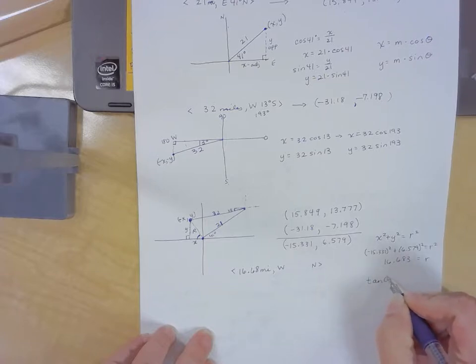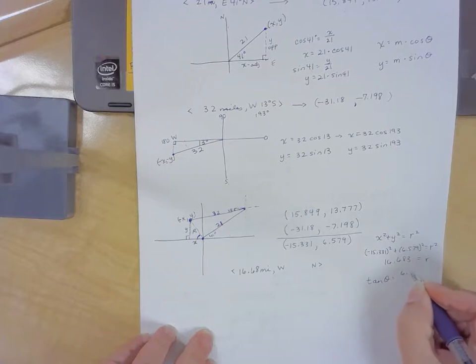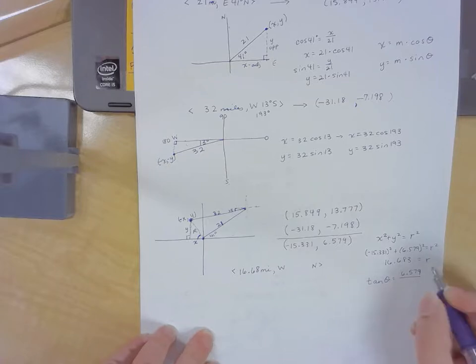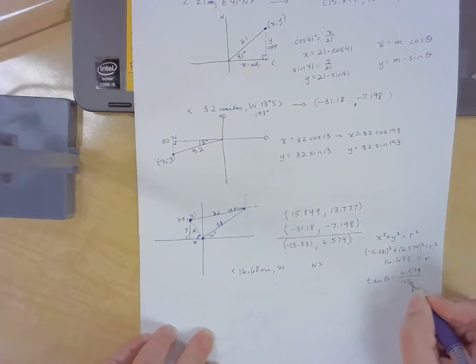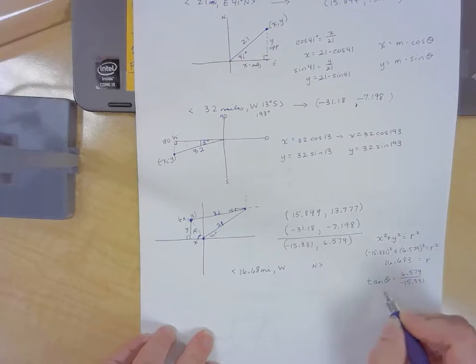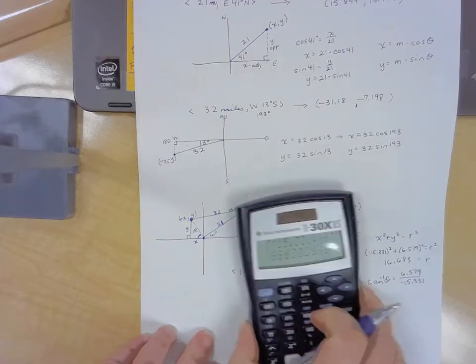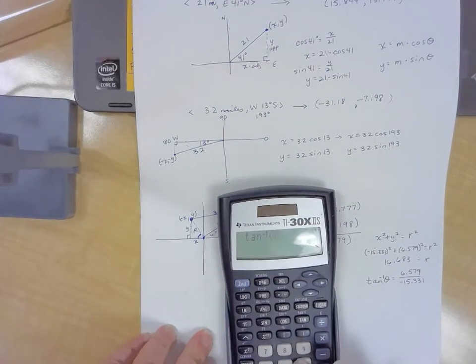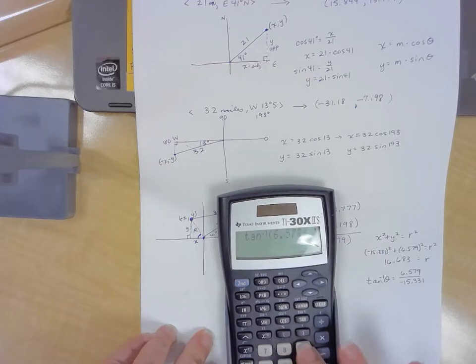of theta is equal to the y coordinate, 6.579, over the x coordinate, negative 15.331. I'm looking for an angle. It's really inverse tan. So I just type that in. Second tan, 6.579 divided by negative 15.331.